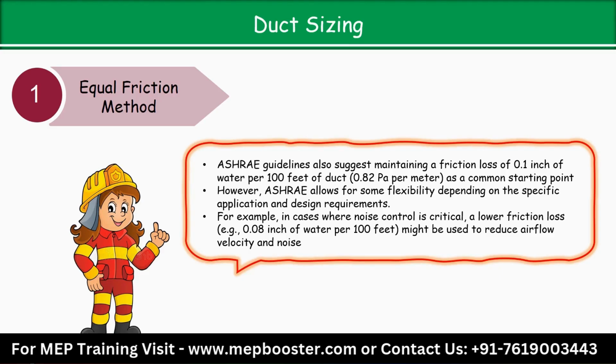That is why I am telling you the friction loss is usually selected based on acceptable noise level and energy consumption, typically between 0.08 to 0.1 inch of water gauge per 100 feet of duct length, correct? So in applications where noise control is critical, you have to maintain the lower friction loss of 0.08 inch of water column.